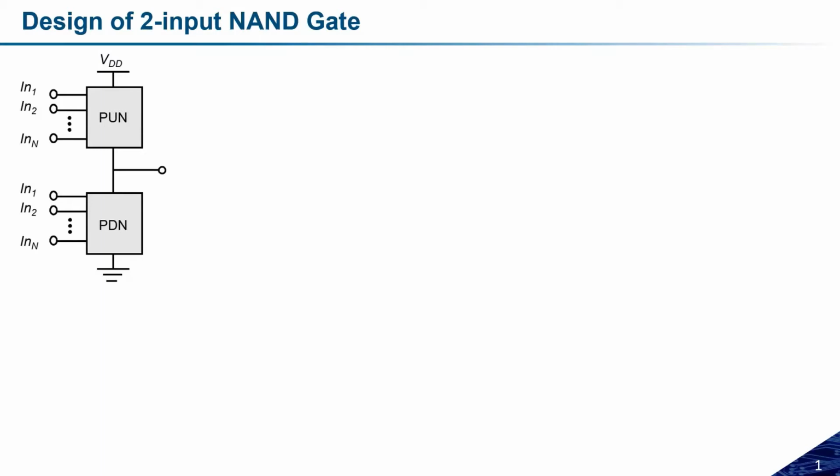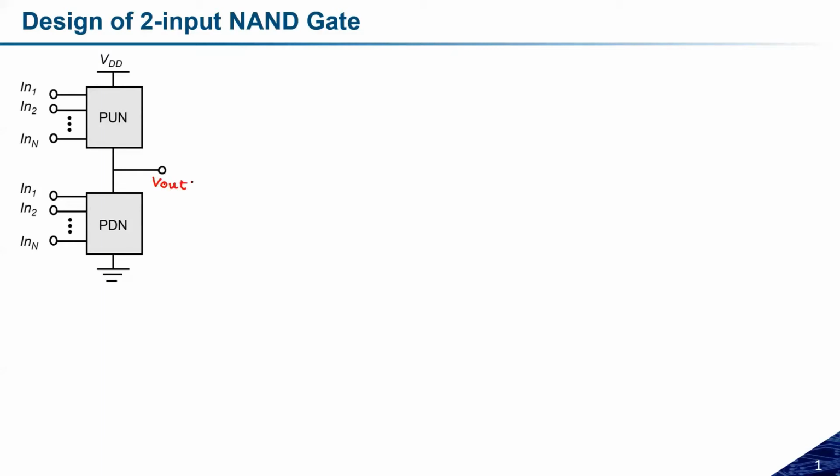For an inverter, I have one input in the pull-up and one input in the pull-down network. But if you have more than one input, we need to connect them in such a way, or design both the blocks in such a way, that both work for the complete logic function. This is the Boolean function, this is the pull-up and pull-down network, and here we will observe the V output.